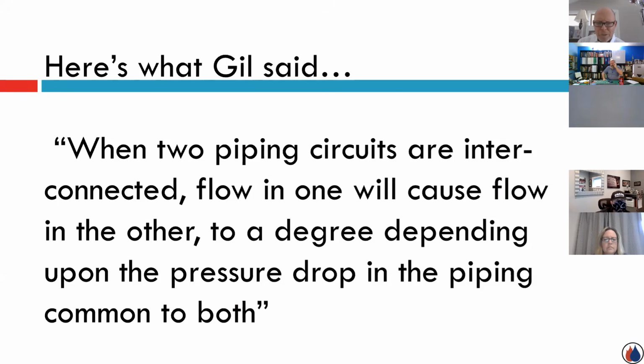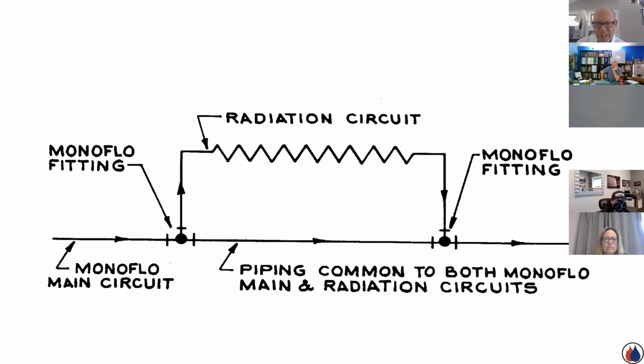That's a lot of words right there. He's describing a monoflow system. Flow in one piping circuit will cause flow in another based on the pressure drop that's common to both circuits. This is how a monoflow system was designed. That's how it's supposed to work. Flow in one will cause flow in the other based on a pressure drop.